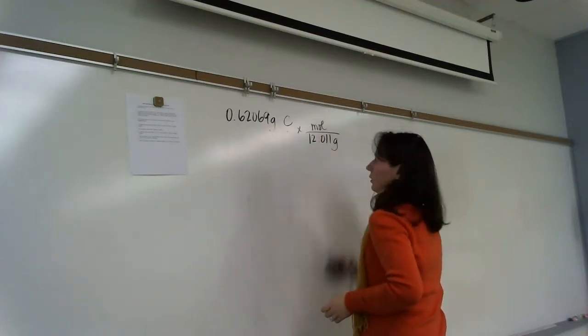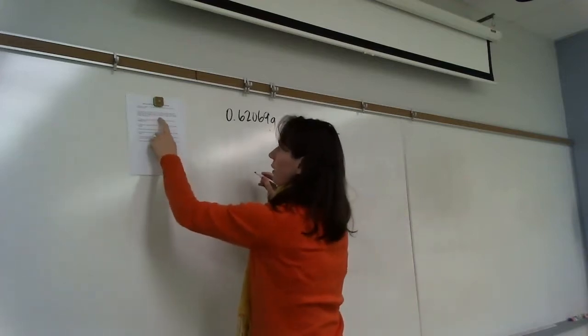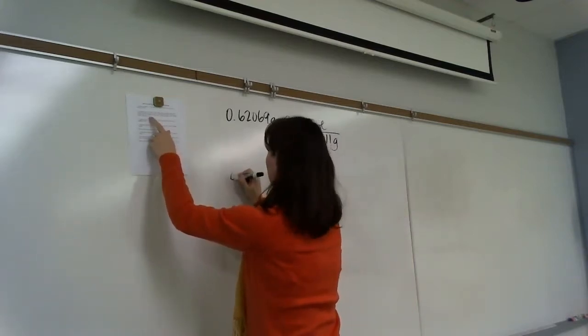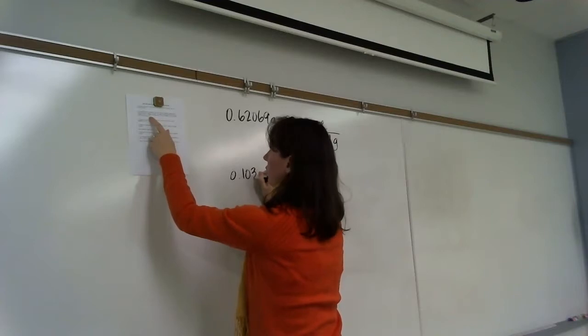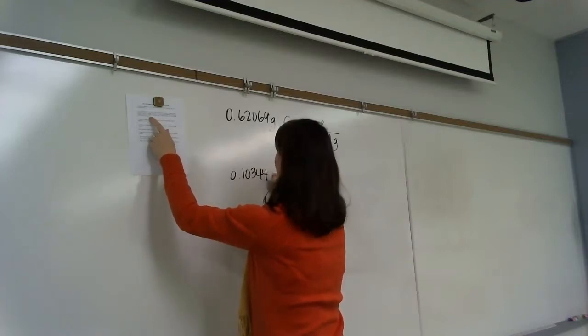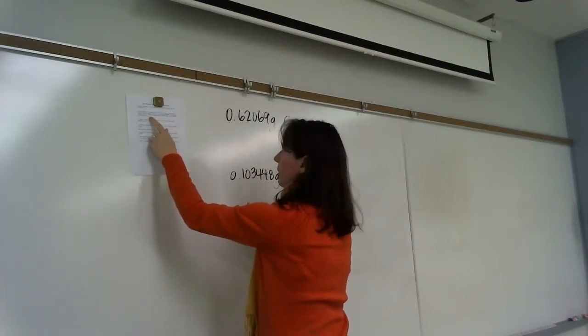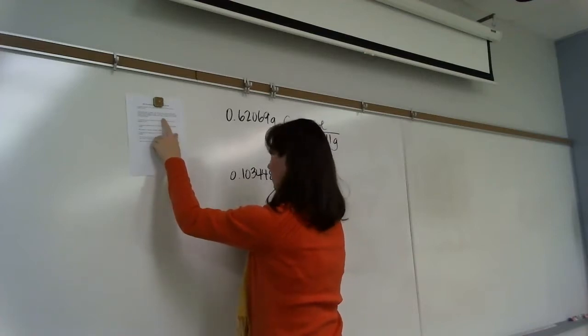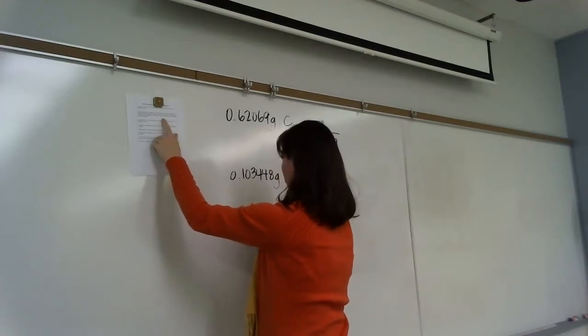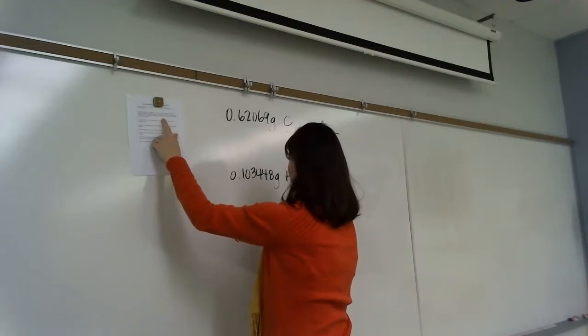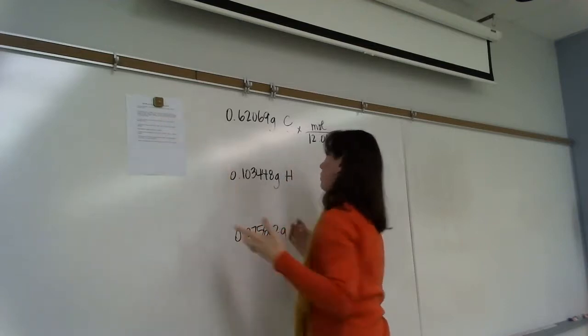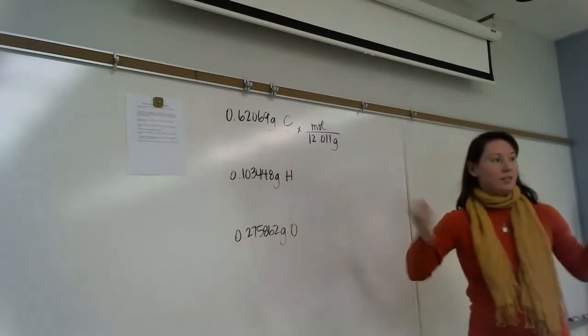And let me rewrite those values. It was 0.62069 grams carbon, 0.103448 grams hydrogen and 0.275862 grams oxygen. So if I give you grams, that saves you a step, right?